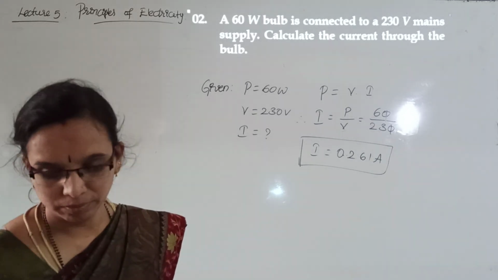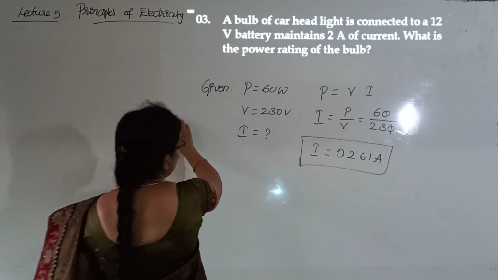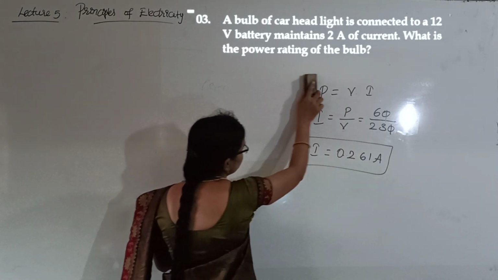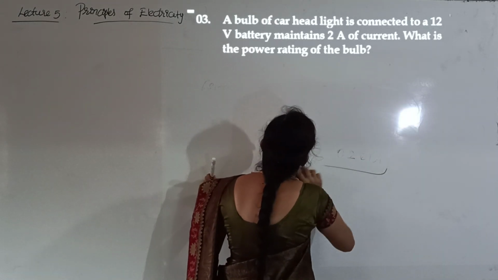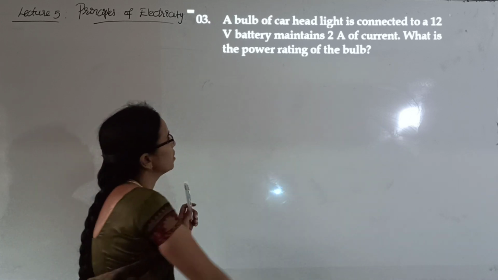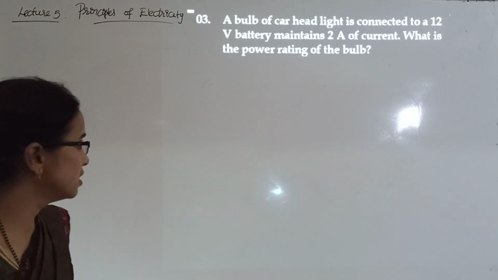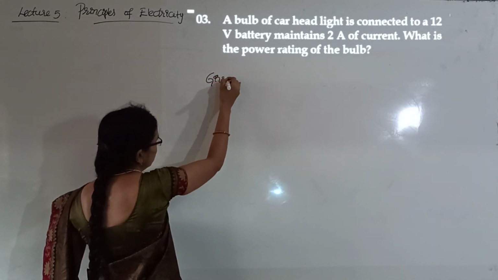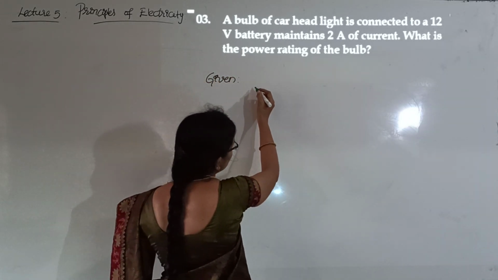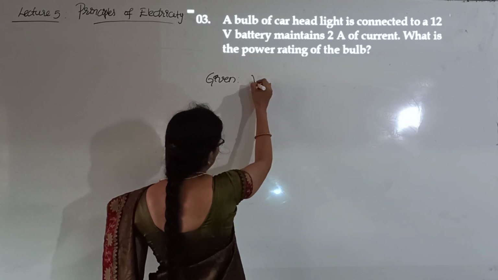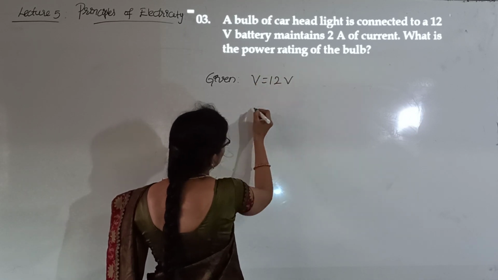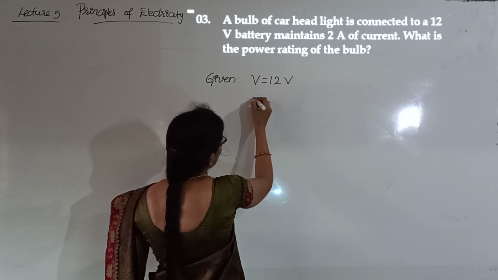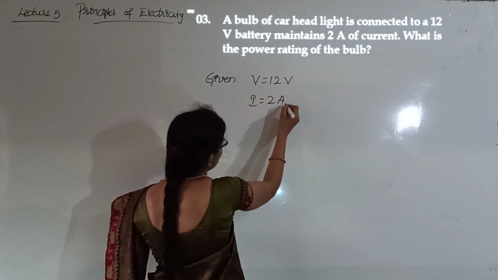Next problem. A bulb of a car headlight is connected to a 12-volt battery and maintains 2 amperes of current. What is the power rating of the bulb? So, given: voltage is equal to 12 volt, current is equal to 2 amperes.